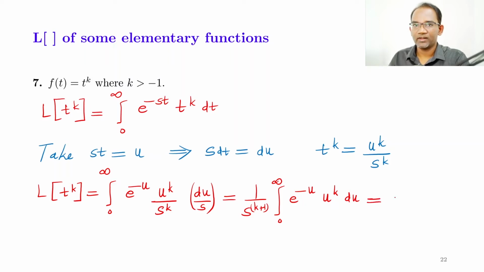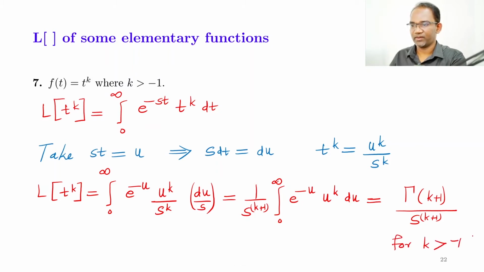This is nothing but the definition of the gamma function. Therefore, this is gamma k plus 1 over s power k plus 1. So this is true for all k greater than minus 1.